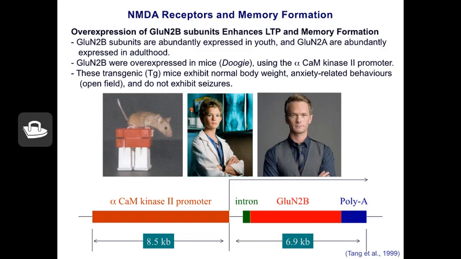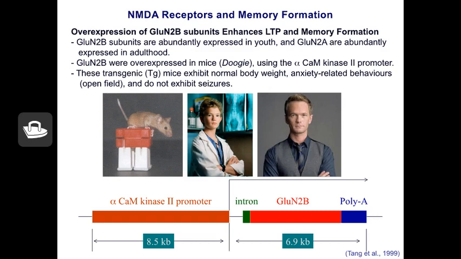But if there's an overexpression of GluN2B subunits, then those GluN1 proteins will more likely encounter them in the vesicle membrane and will more likely assemble into GluN1, GluN2B receptors. So that's the construct that they put together.